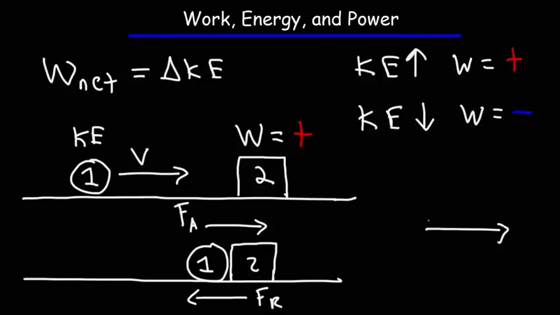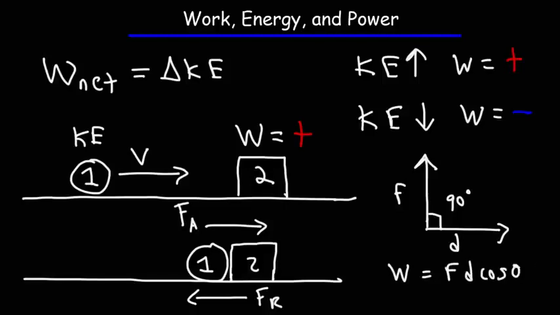Now what about when the force and displacement vectors are perpendicular to each other? What can you say about the work done? Let's say there's a 90-degree angle. Well, keep in mind the work done by a force is F d cosine theta. So in this case, the angle is 90.